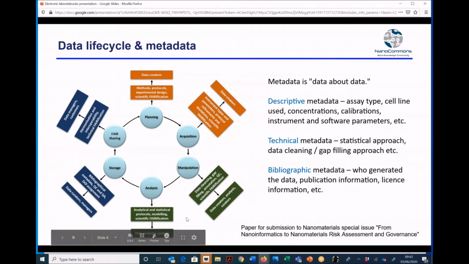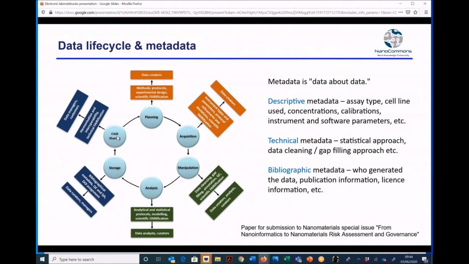So this could be where we start to integrate some of our computational colleagues, and then the curators who are maybe helping or responsible to get it into a format for databases and for modeling. And it could be that the data creator has all of these roles, or it could be that they're shared. And then the final ones start to become the responsibility of the data curators and the database managers.